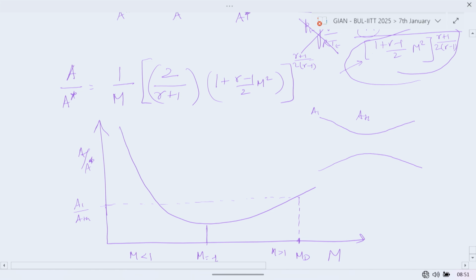This is from A1 by A star. Now, one of the things you have to understand is, I'll go back to the fact that for a given geometry, you can see that I have defined the geometry by fixing the Mach number. For this Mach number, I can see that there is a unique subsonic solution.